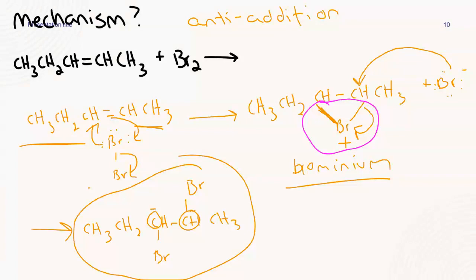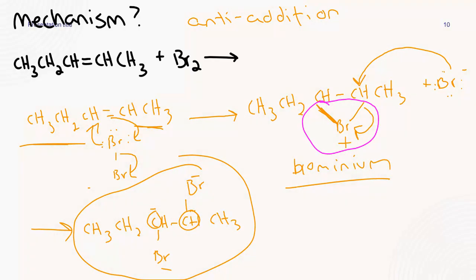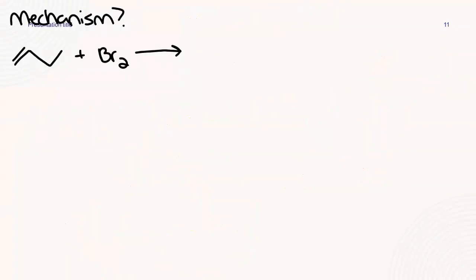If it was in 3D, yes, they have to be on opposite sides. This is just showing that they add on opposite sides, but in this structure it's more or less meaningless. But yeah, I would always put that because it has to follow anti-addition. Any questions? Okay.